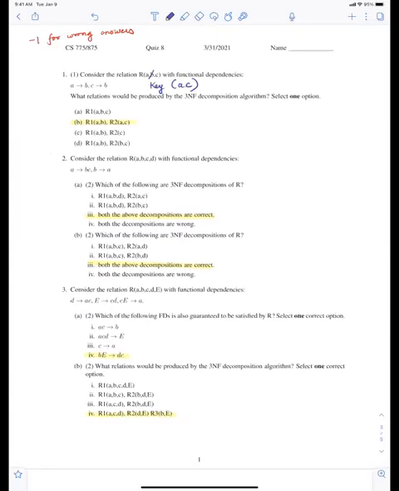Here it's rather easy to check. You put A and C on the left-hand side, and you can generate all 3. So the key is AC.